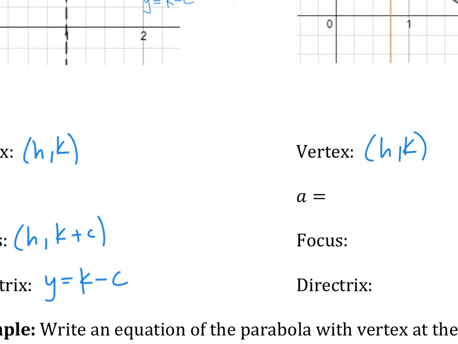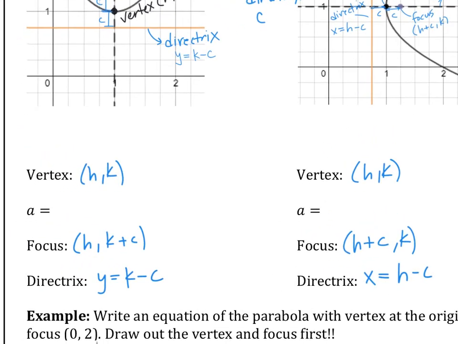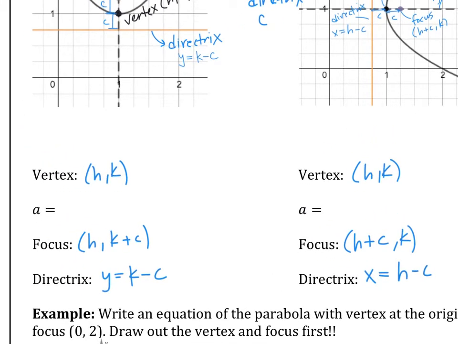Focus is, we're moving left and right, so H plus C, comma K. Directrix is x equals 2, H minus C. Are you guys good so far? Yeah, not too bad.